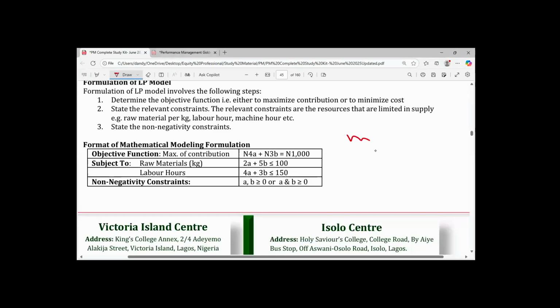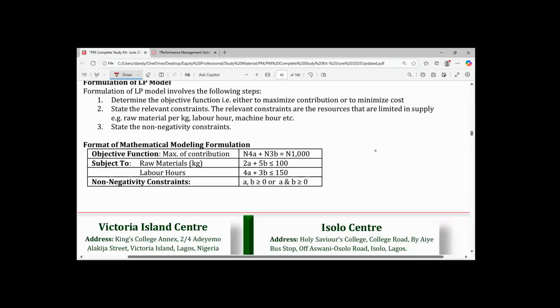So in our last class, we started linear programming and were able to discuss all relevant concepts in linear programming. We started with introduction to linear programming. We discussed the underlying assumptions of linear programming model.